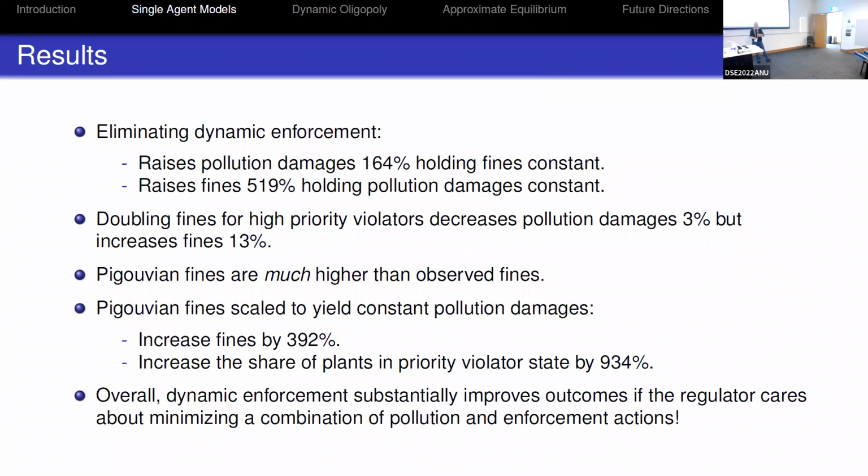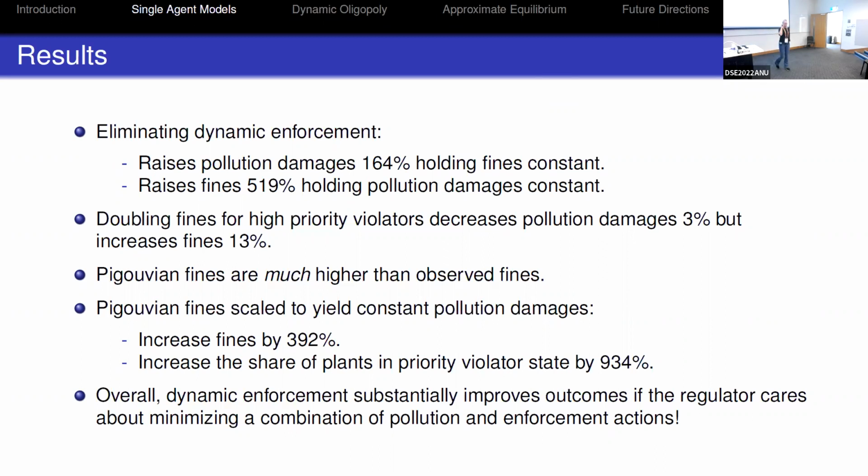Okay, so what do we find? Eliminating dynamic enforcement, so this is moving to non-state-contingent fines in particular and inspections, raises pollution damages 164%, holding fines constant, or raises fines 519%, holding pollution damages constant.